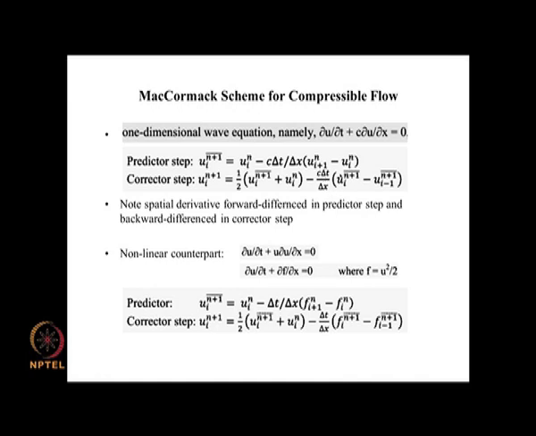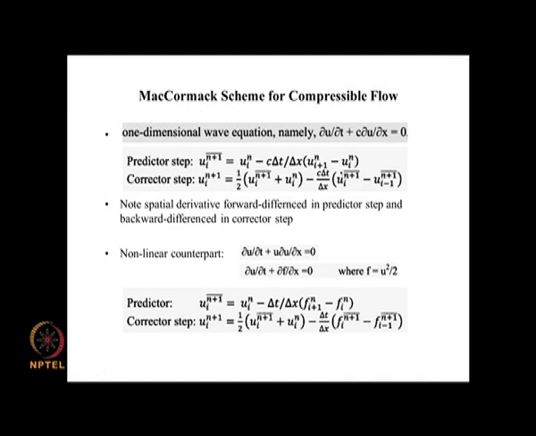In the case of nonlinearity, there can be some small differences. So, the predictor step and corrector step formulation allows us to put an overall second order central scheme, but on the whole, despite using forward differencing here, because of the correction that is introduced here, we have an overall scheme which is conditionally stable.